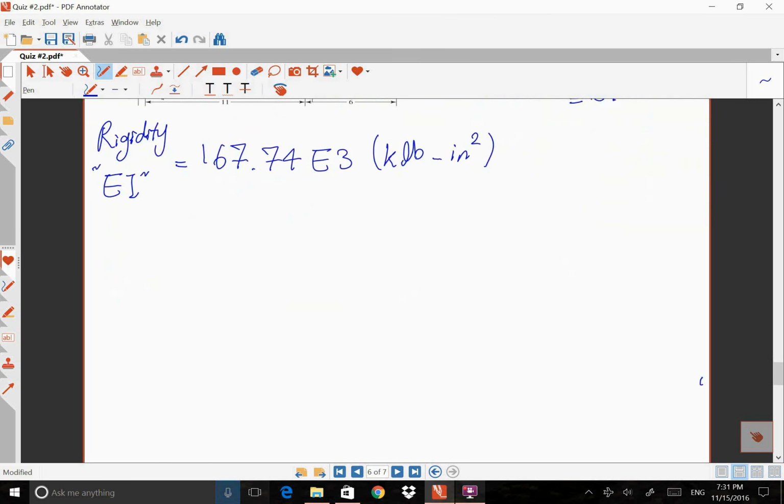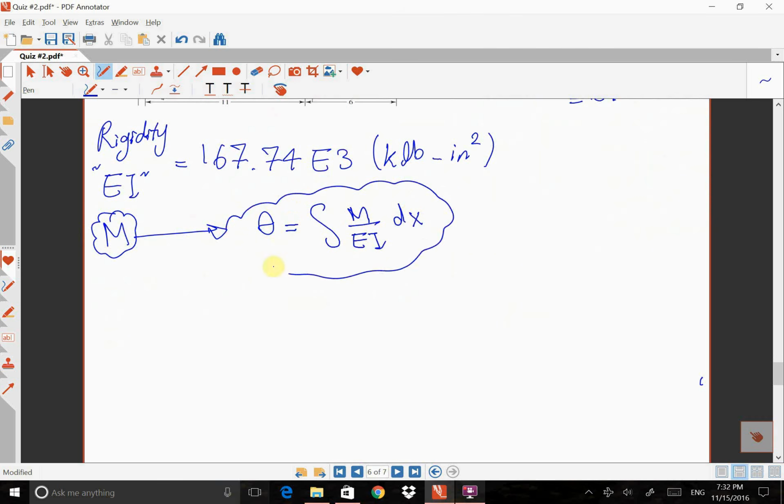So in the double integration method, we need to have the moment equation, and we can find slope based on this formula, the integral of M over EI dx. So it gives us the slope.